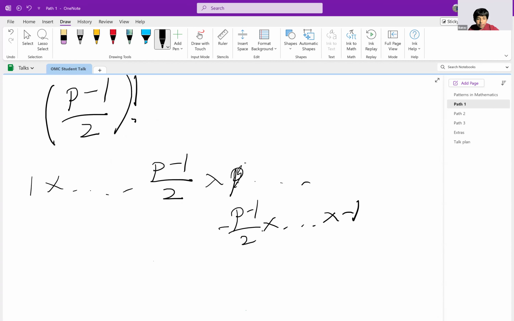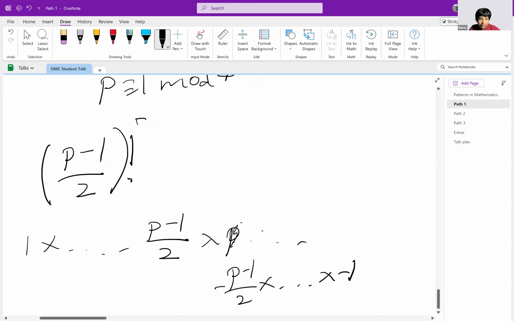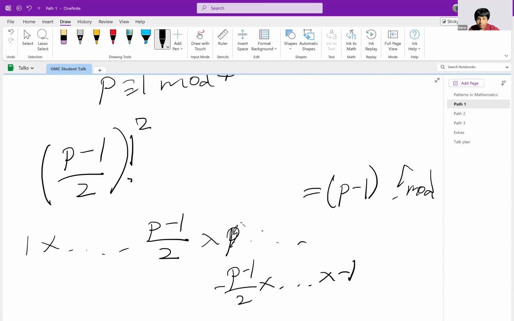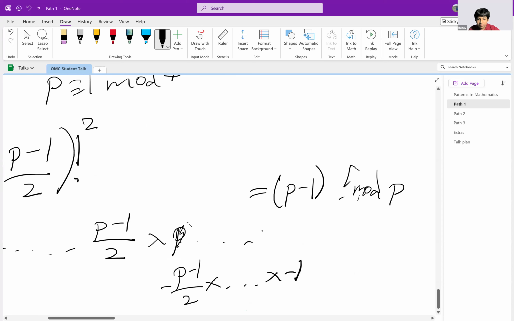So this is the same, it's just this twice, which would be the same as (p minus 1) factorial mod p, but this is congruent to -1 by Wilson's theorem.